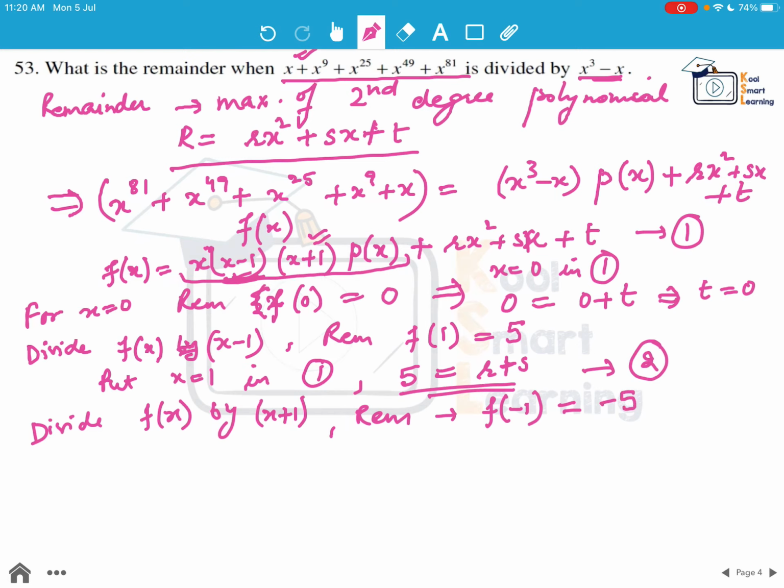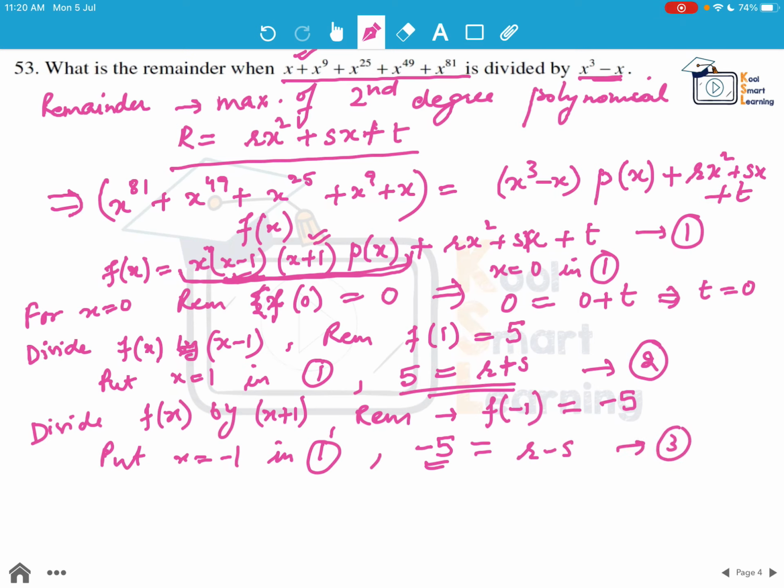We get f minus 1 is minus 5. And now we put x equal to minus 1 in the first expression. What do we get? f of minus 1 being minus 5, this is equal to, this part again becomes 0, so here we get r minus s. Let's call this third.